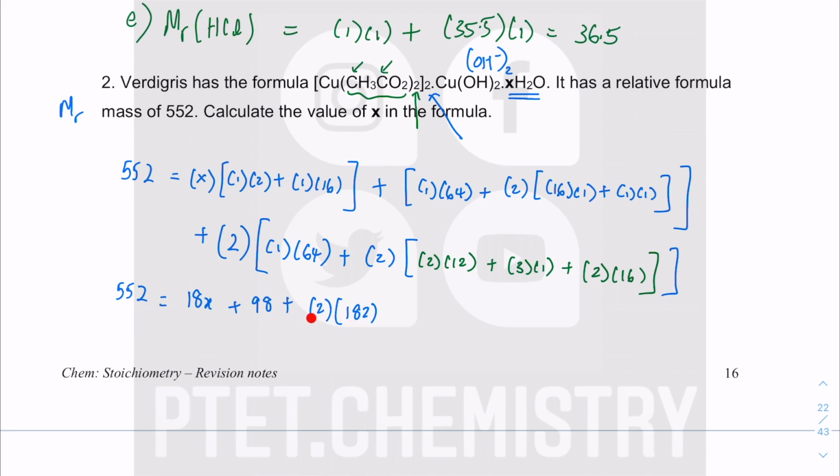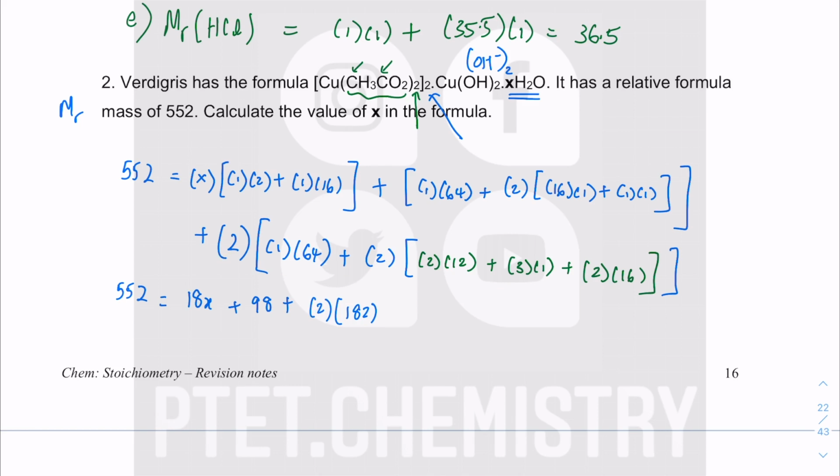I think 182 is after I multiply by 2 already. So let me just double check my calculation again, just to be sure. Inside this bracket, I have 2 times 12 plus 3 times 1 plus 16 times 2. I multiply by 2, I get 118. 118 plus 64. Oh, this thing is 182, so I was right. So it was 182. 182 is this thing.